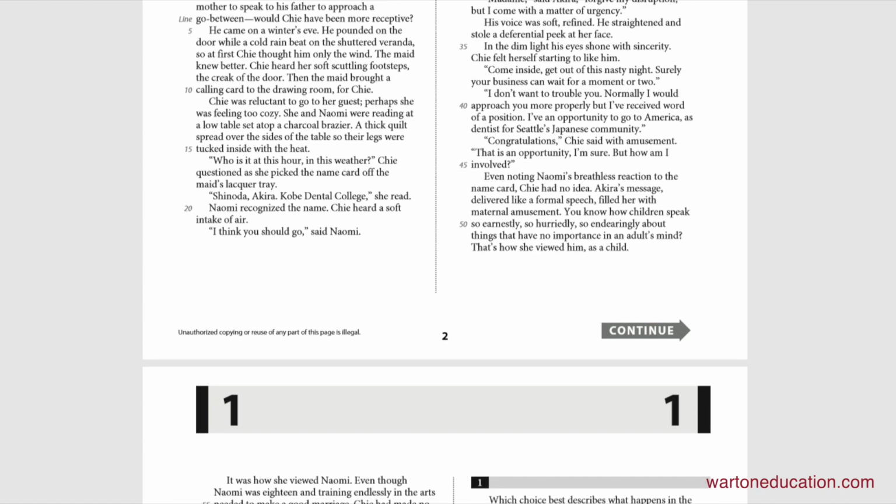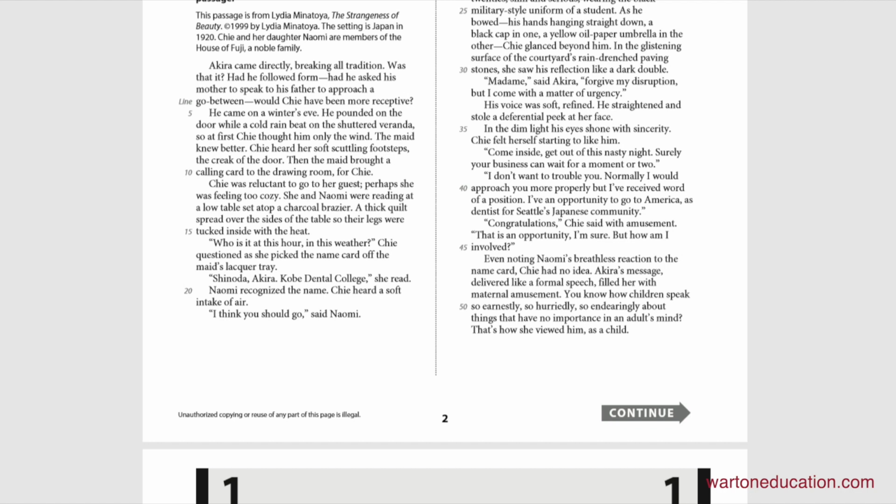So first up, in answer choice A, we have line 33, and it says, his voice was soft, refined. No way. No way could this ever tell us anything about what Akira is worried about. Next up is line 49 to 51. You know how children speak so earnestly, so hurriedly, so endearingly about things that have no importance in an adult's mind?